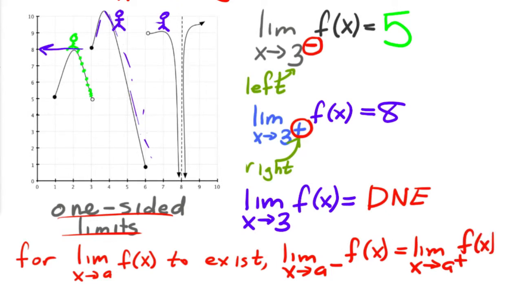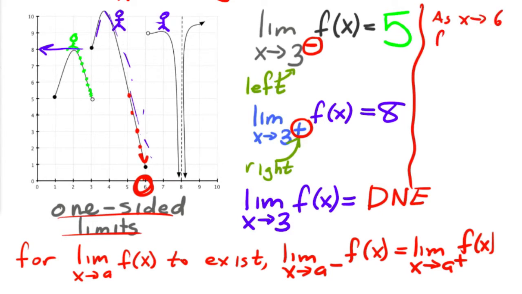Okay, so then what that means is that, for example, if I'm approaching 6 from the left, notice that as I'm approaching 6 from the left, my function's going towards 1. So as x approaches 6 from the left, f of x approaches 1.